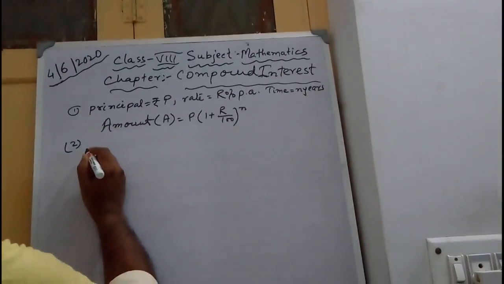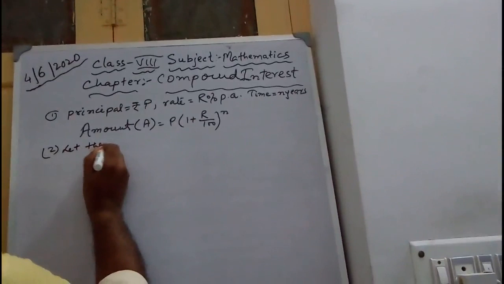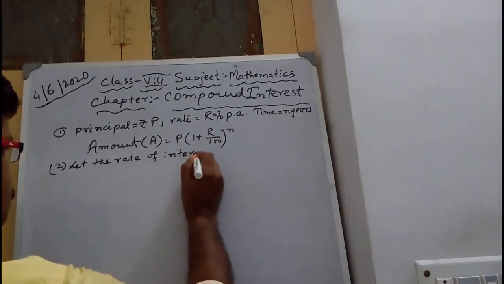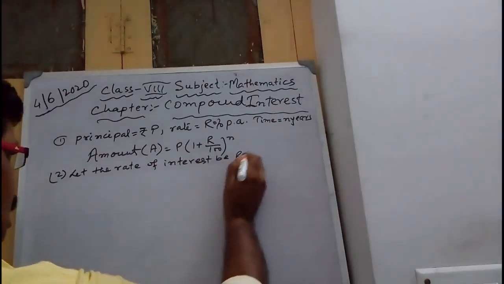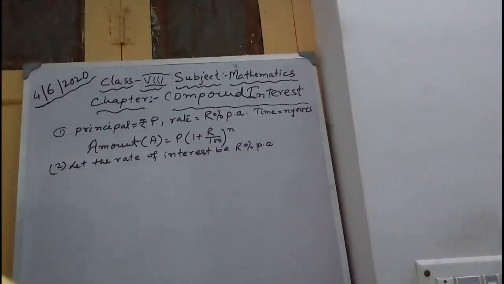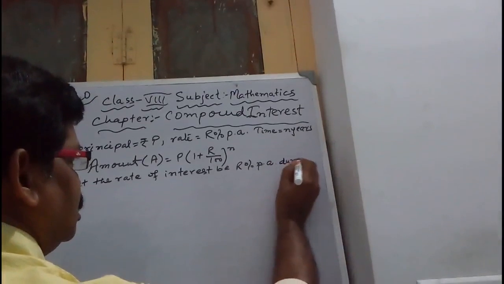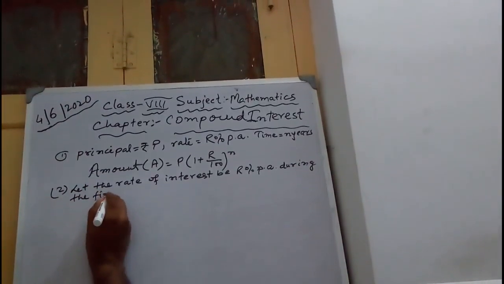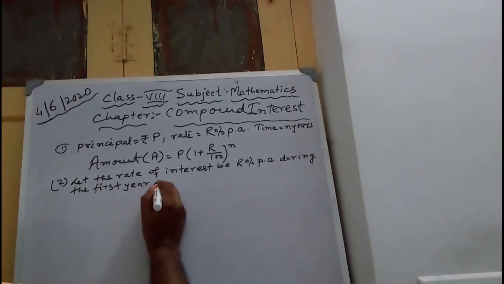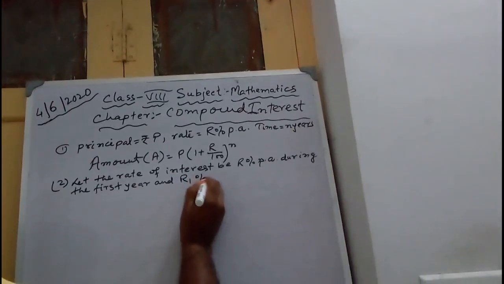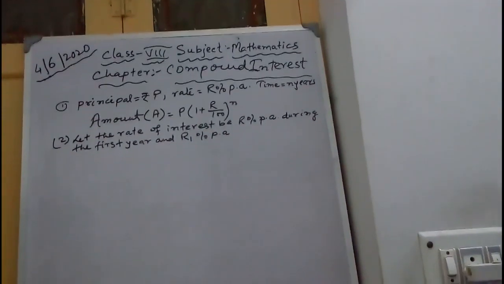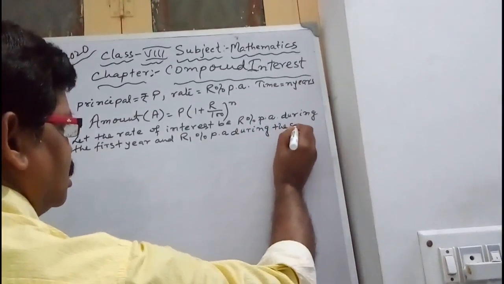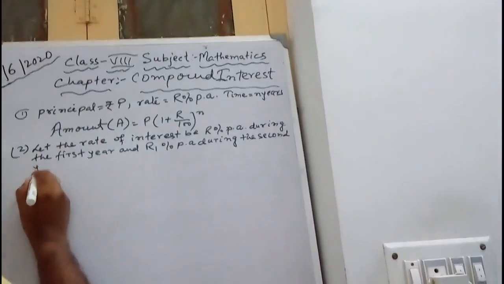Number 2, let the rate of interest be R% PA during the first year and R1% PA during the second year.